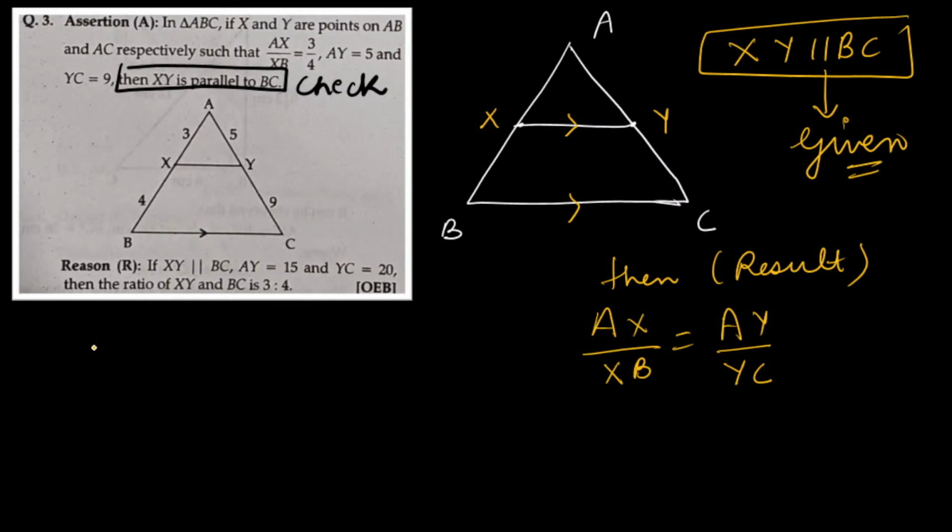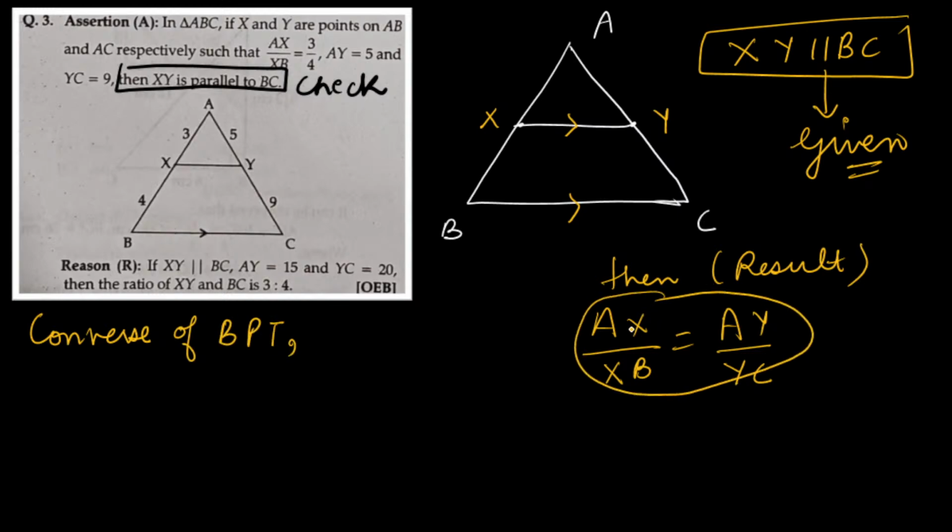Then we have the converse of BPT. Converse means the opposite. Now this thing will be given: if the ratio is equal, AX by XB is equal to AY by YC, then XY will be parallel to BC.